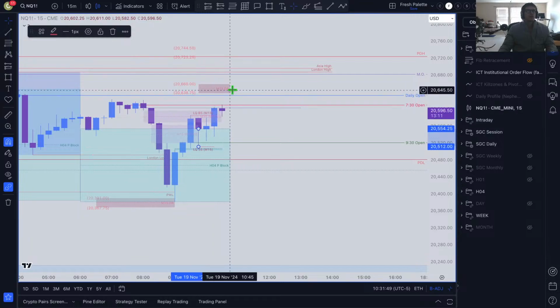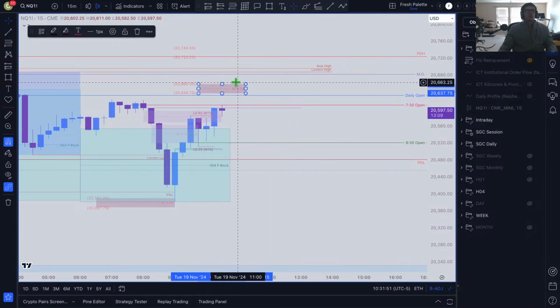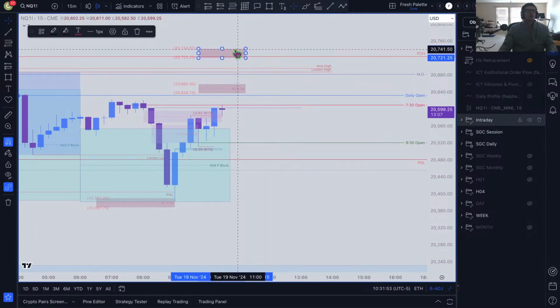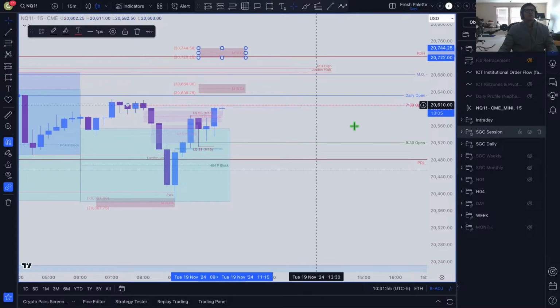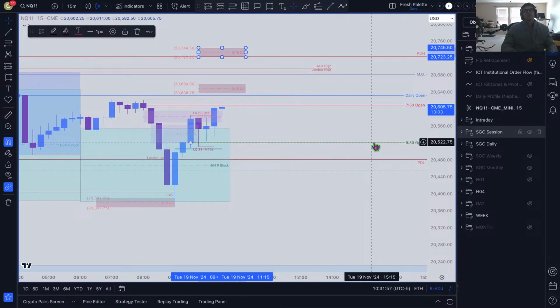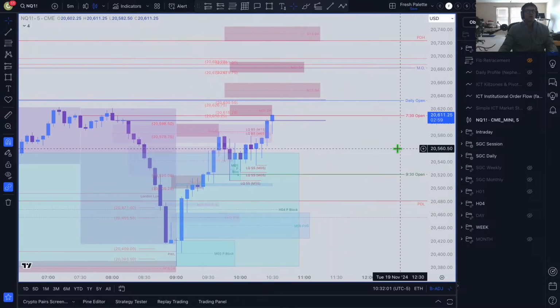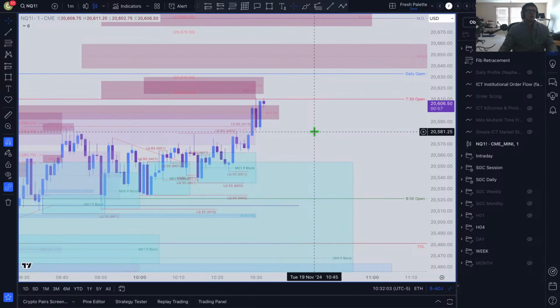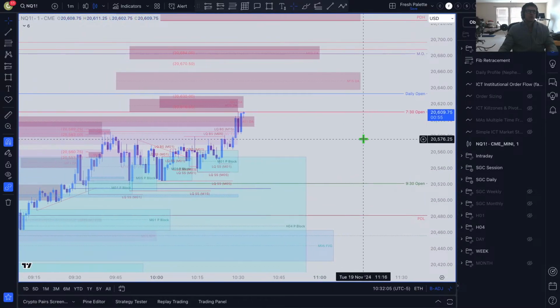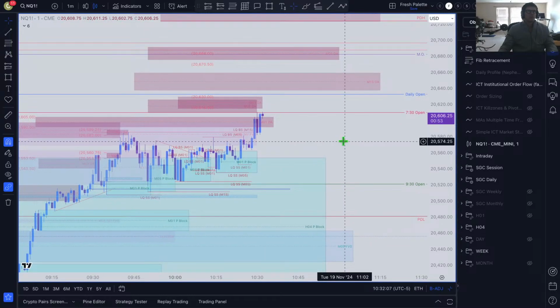But at this point, you do have this as your target, daily open. So we've got projections on the 15-minute and 5 minutes, the previous day high. Right, so we might have missed that initial entry, but if we get some continuation out of here, I would argue that there might be some more entries coming up.